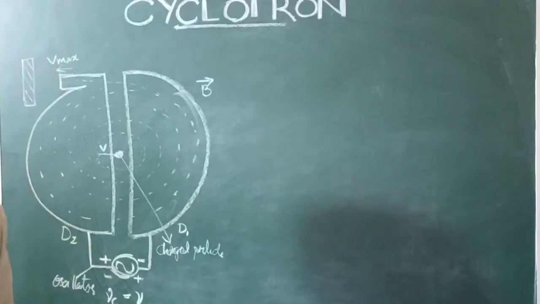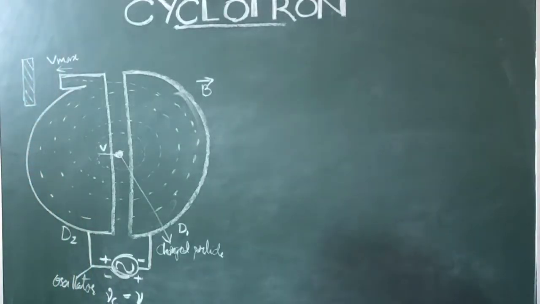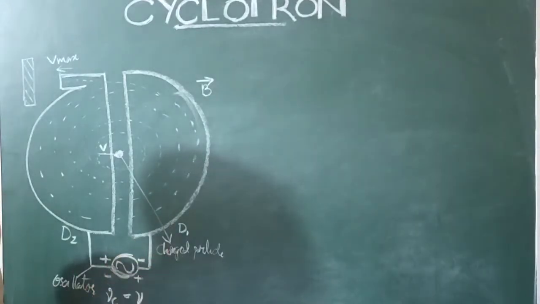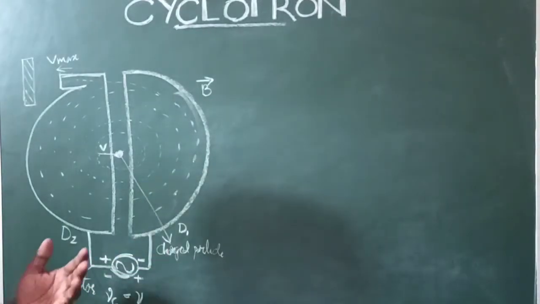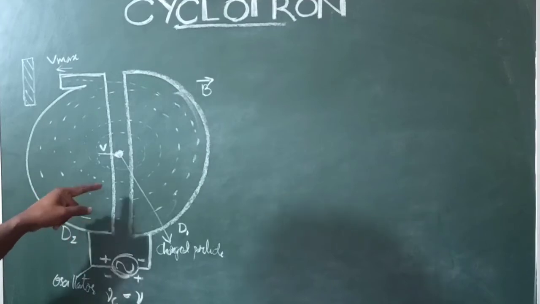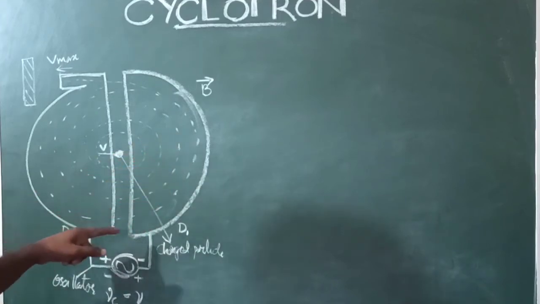And let us see the principle of this cyclotron. We have already learned that when a particle enters perpendicularly to the magnetic field, it follows a circular path.